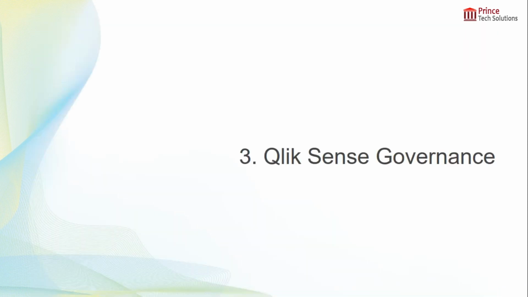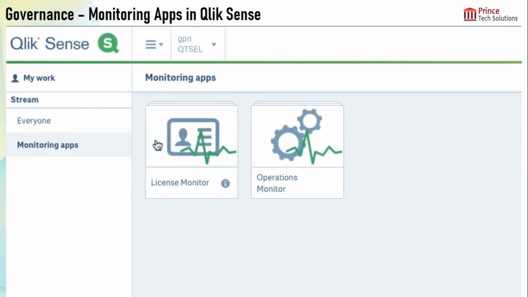So let's come to the third group of the QMC, that is governance, which is mostly the monitoring part. Here you can see the monitor apps in Qlik Sense. This is basically the governance section, which maintains the log file data.